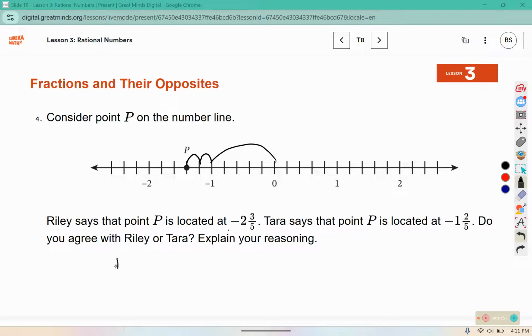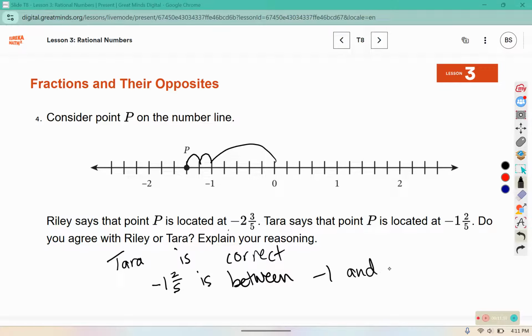So Tara is correct. Negative 1 2/5 is between negative 1 and negative 2. And our scale counts by 1/5.